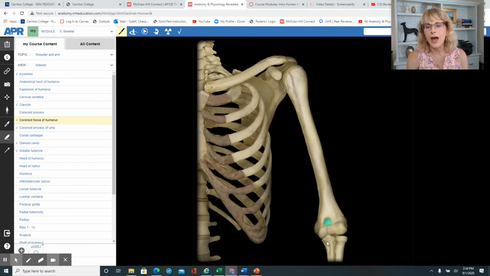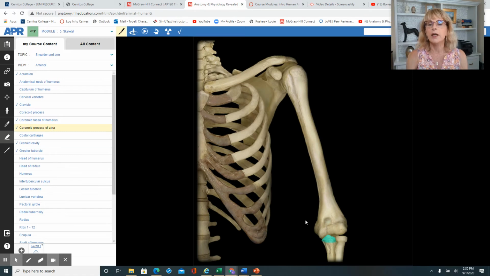And so that little point is called the coronoid process, right? So if you look here on page 33, you'll see on the humerus, letter H is coronoid fossa, and on the ulna, letter B is the coronoid process. They didn't do that to make things harder. They did it to make it easier.